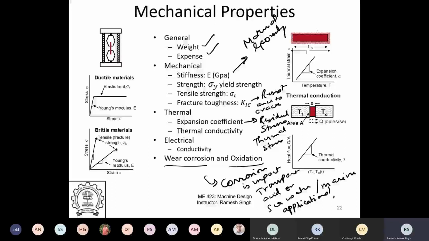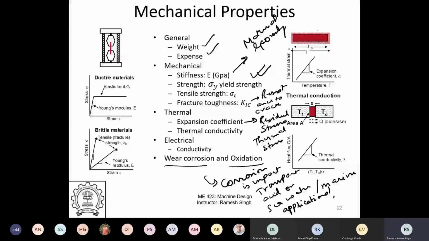In most design criteria, if it's a brittle material, I will use fracture toughness. If it is a ductile material, I'll actually use yield stress. It should not yield, because the moment it has yielded, structural integrity has been compromised. So my design criterion is always about the yield strength.